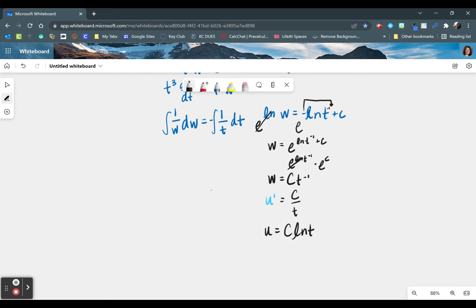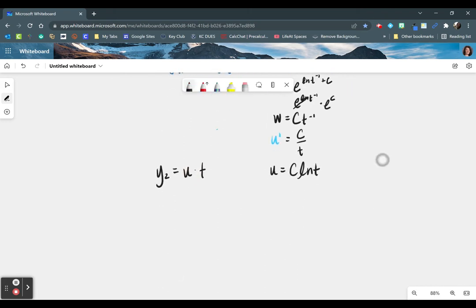So y2 equals u times t, and plugging in, that means y2 equals t times the natural log of t. Remember, all those c's come out into the general solution anyway.